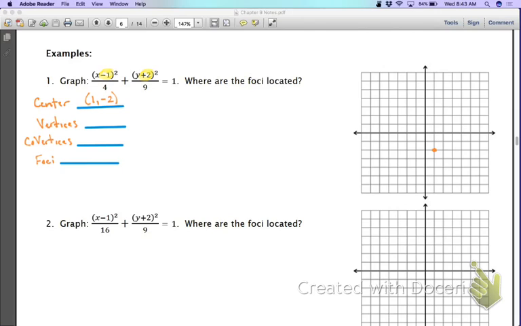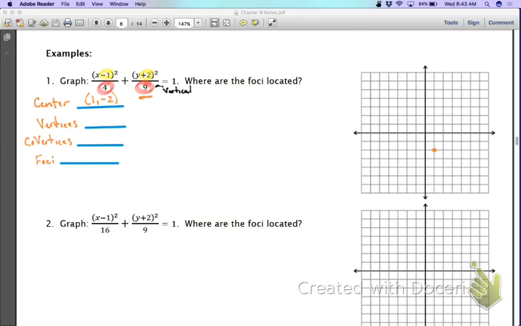The next spot that I want to look at is the denominator. Which number's bigger, the one with the x or the one with the y? The one with the y. So it's going to be a vertical ellipse.